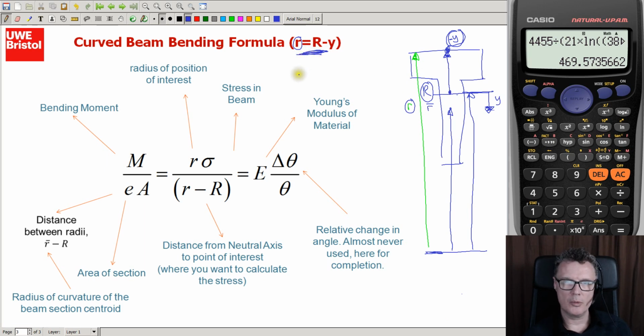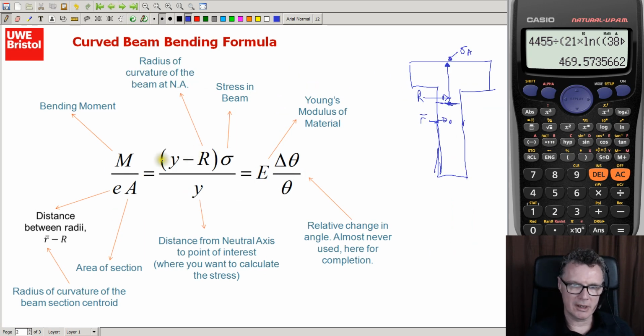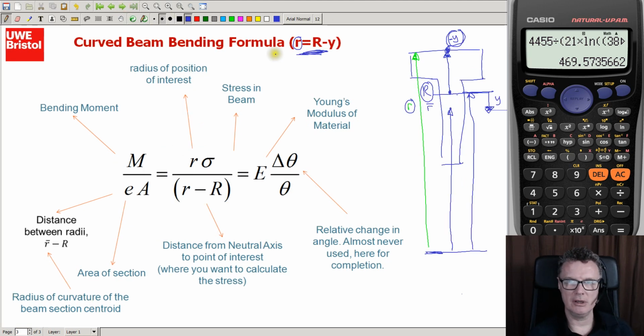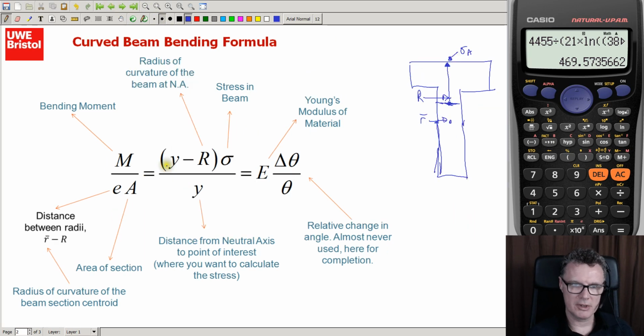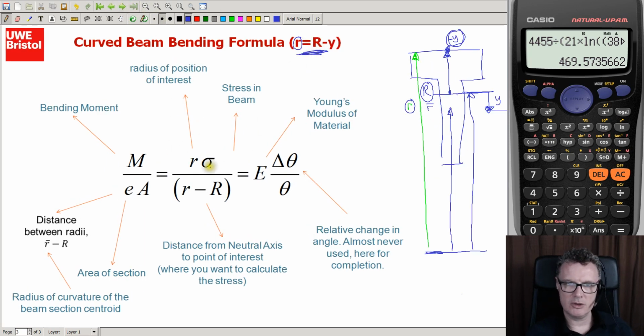And so we are going to take this y take away r and this y here, and we're going to substitute in little r is big R take away y. What happens on top? You can see that you get y take away r there. So that ends up with a minus r on top.